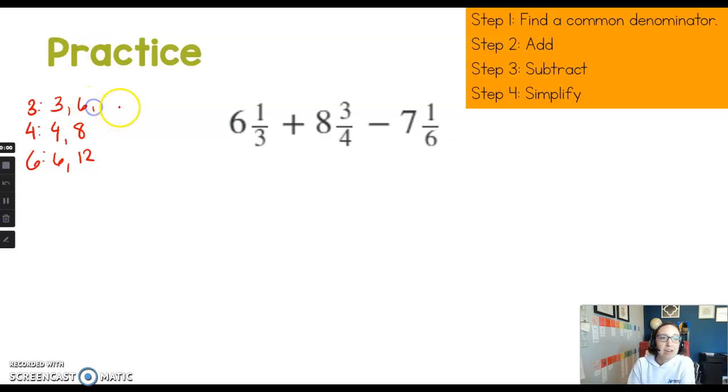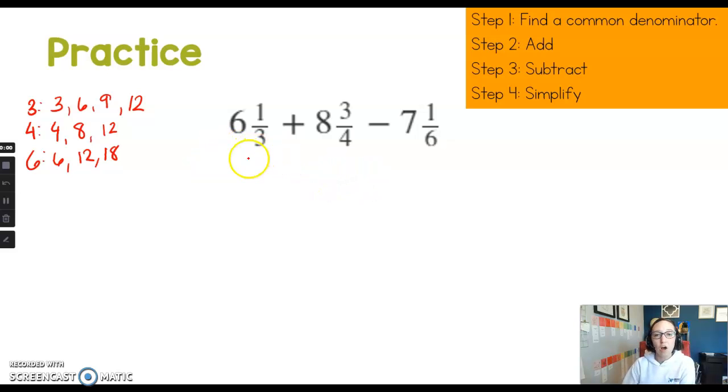No common numbers yet. 3 times 3 is 9, 4 times 3 is 12, 6 times 3 is 18. And I go, 12 and 12. Can 3 go into 12? Let's think about that. 3 times 4 is 12. So my common denominator is going to be 12.